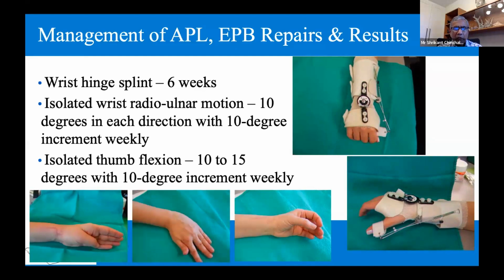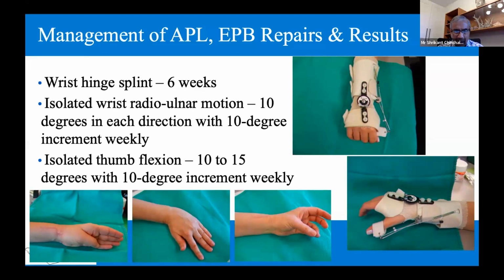Now, there are a few reports that say dynamic splinting is an expensive management of these patients and should not be considered because of the additional expense of the splinting.